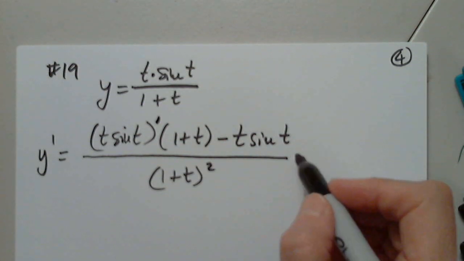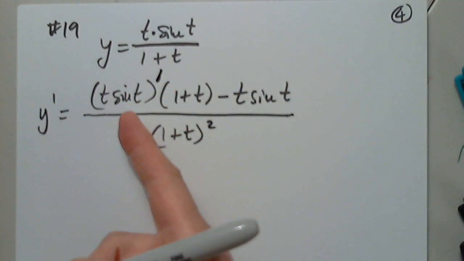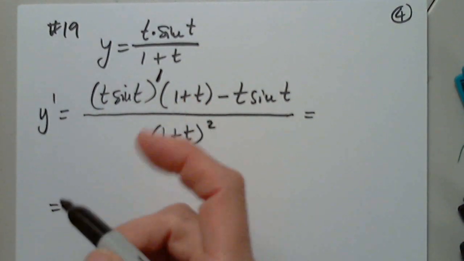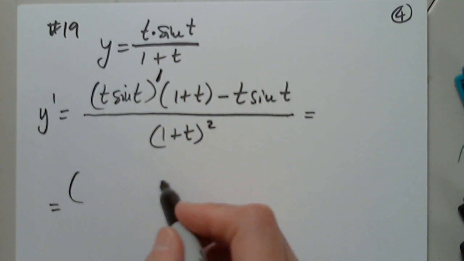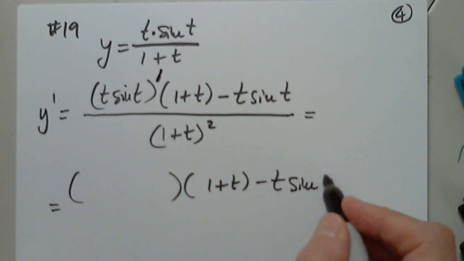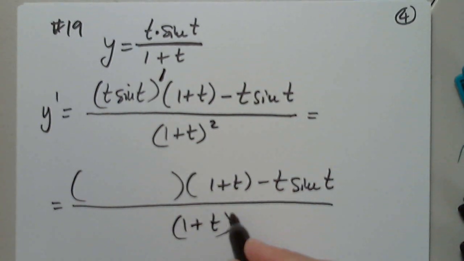Is that just 1? Exactly. So I have nothing to put in. Awesome. So now, only now I will deal with this. So remember that there must be a 1 plus t and the minus t sine t over 1 plus t everything squared.